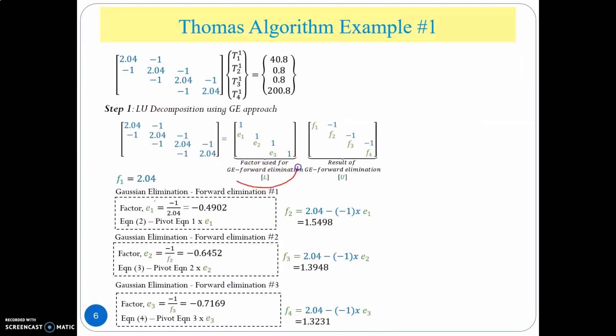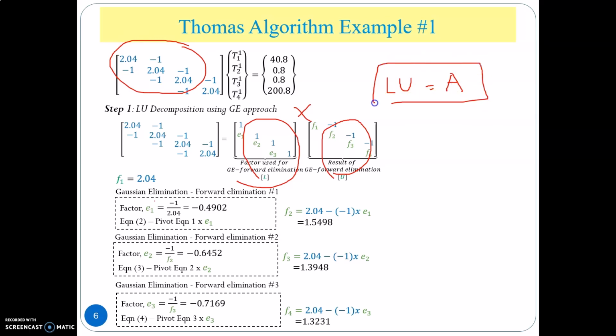To check if your L and U matrices are accurate, you can multiply these two matrices to obtain LU, and it should be equal to your system matrix A. So if this equation is valid, then we say your LU decomposition is successful.